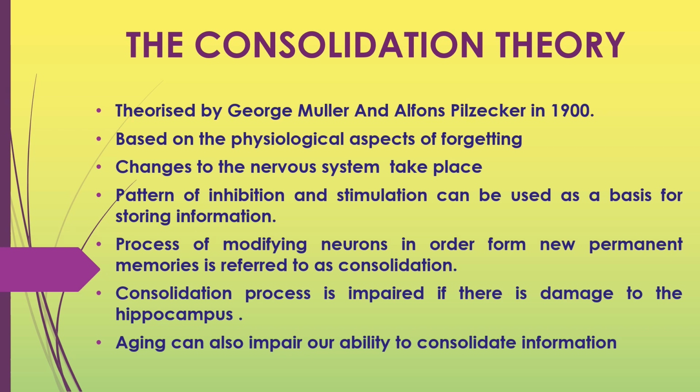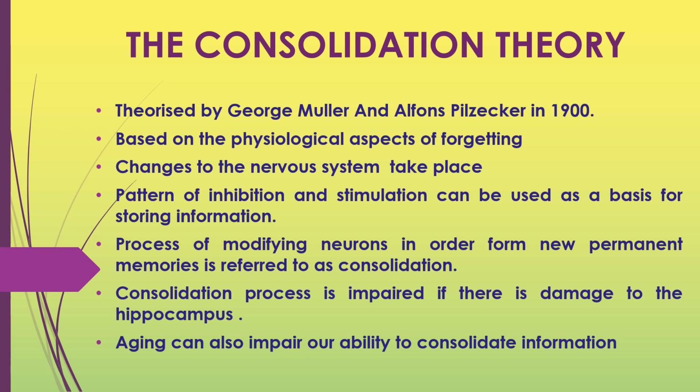The process of memory consolidation takes place when the memory is stabilized to prevent disruptions. When we take in new information, a certain amount of time is necessary for the changes to the nervous system to take place. And that is the consolidation process, so that it is properly recorded.